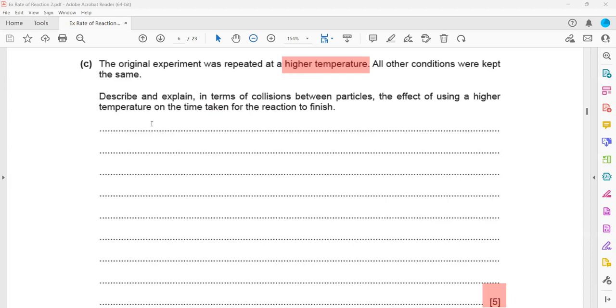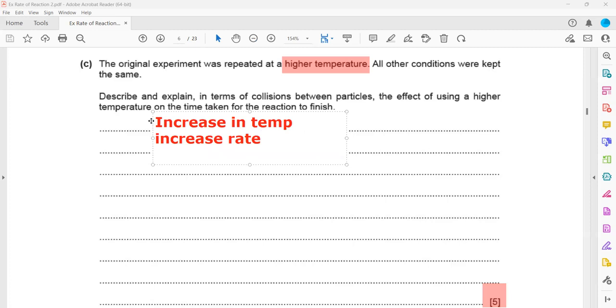So 1 mark, when we increase the temperature, the rate will increase. Then increase in temperature increases the rate. As a result, what will happen? More energy or more kinetic energy. The particles will move faster or at high speed.